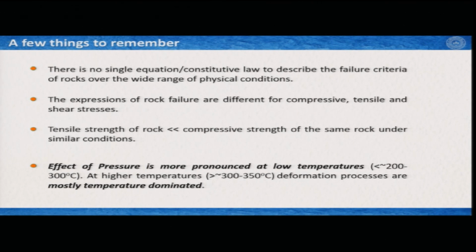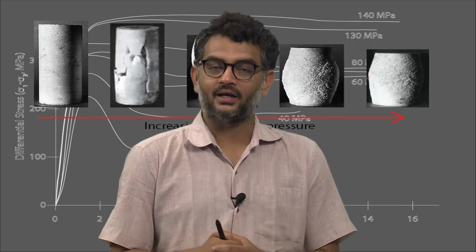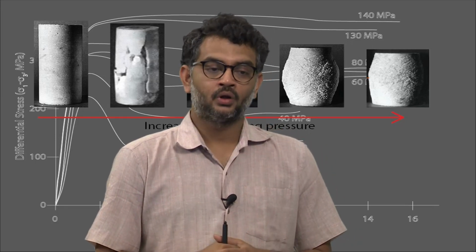It is also important to understand that the behavior of the rock, the failure pattern and failure mechanisms are essentially different depending on the regime of stress you are applying. That means, if you are in the compressive domain, the behavior is different from that of the tensile and shearing domain.